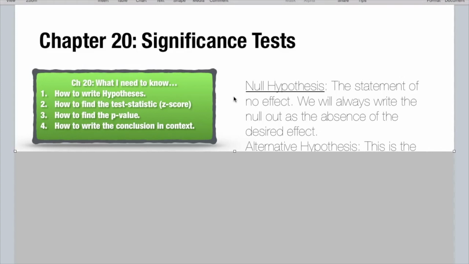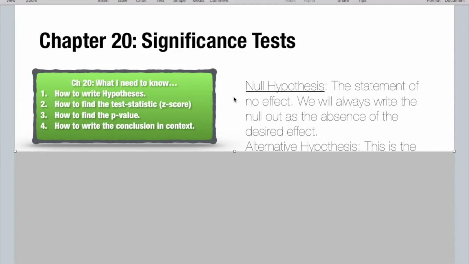That's the 4 big concepts that we want to really make sure that we can do before we move on to chapter 21. In 21, we'll focus a little bit more on the p-value and what it means. And we're going to introduce some ideas called errors, type 1 and type 2 errors. But more on that when we get to it.